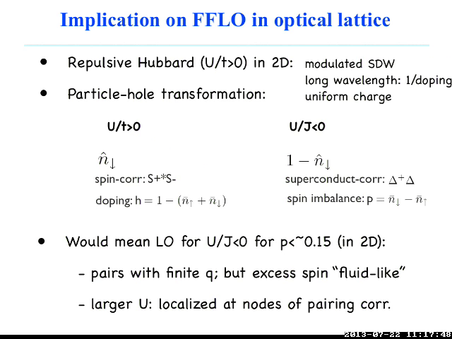So the implication for this result would be that if you did an optical lattice with negative U, but spin imbalanced, 1 majority spin and 1 minority spin, you would see one of these exact FFLO states. In particular, it's an LO state with the excess spins as fluids living at the node, and the pairs would form BCS pairs with a finite momentum. And the momentum is proportional to this wavelength that we talked about.